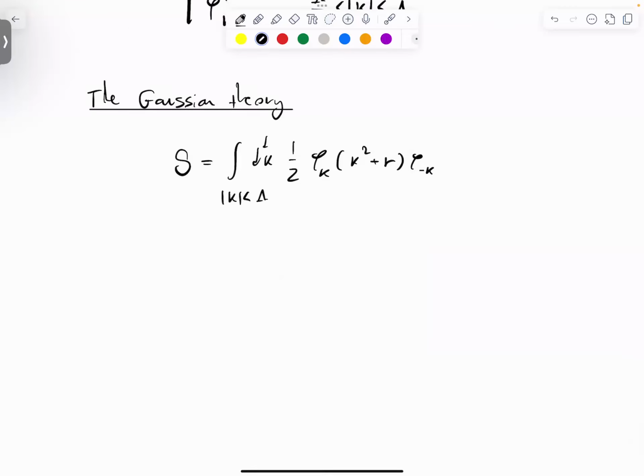Yeah. And now what's nice about the Gaussian theory is that because it only couples k to another k, it basically splits naturally into two disconnected sectors. Let's call this S0 because it's the Gaussian theory: S0 slow plus S0 fast, right?